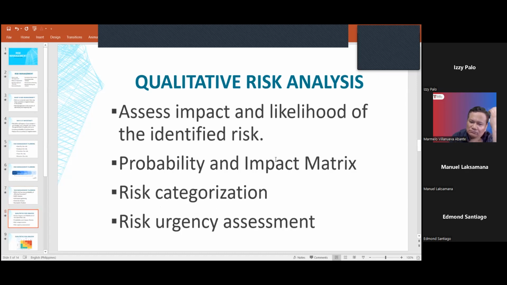Okay? So qualitative risk analysis assesses the impact and likelihood of the identified risk, using a probability and impact matrix. We also do risk categorization and risk urgency assessment. Qualitative risk analysis tends to be more subjective.